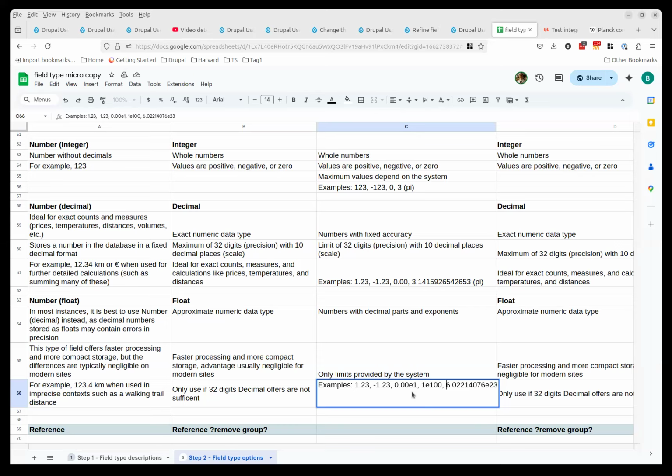Whereas with floating points, if you try to add a googol to 1.23, you're going to end up with a googol. You're going to totally miss the fact that you've added something to it.